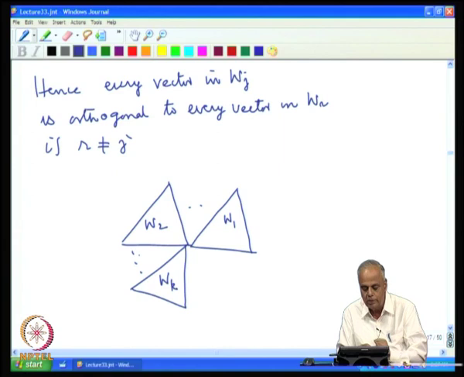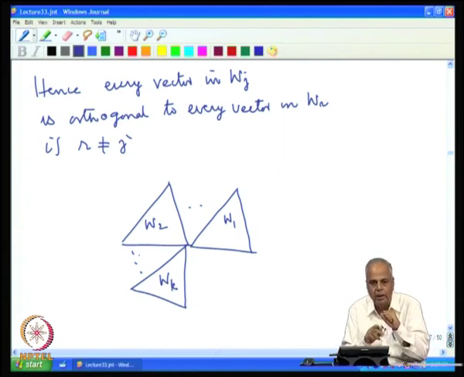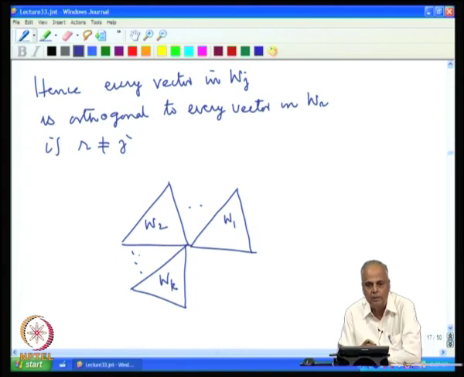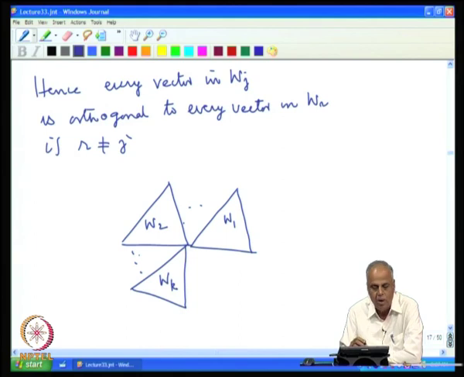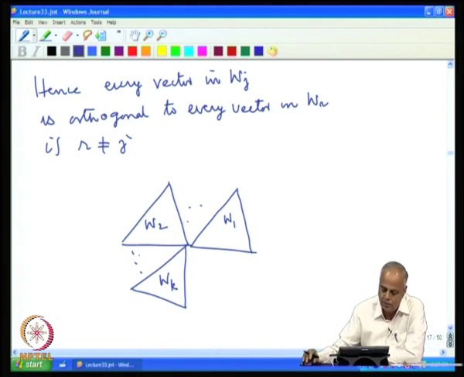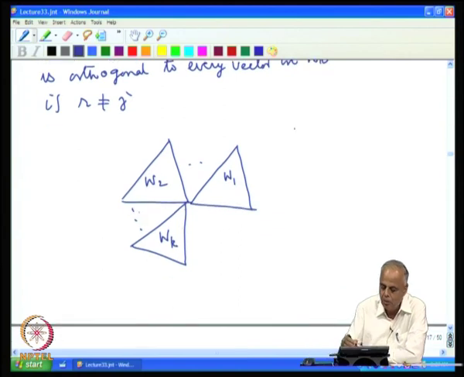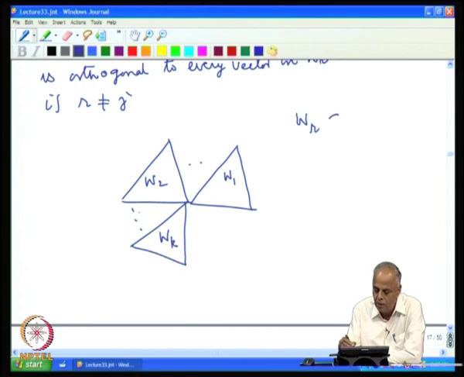They are so positioned that if you pick any one of them, every vector there is orthogonal to all the other vectors in every other piece. So, Wj vectors are orthogonal to every vector in Wr if r is not equal to j. So, what this means is Wr is contained in Wj perp and Wj is contained in Wr perp if r is not equal to j.